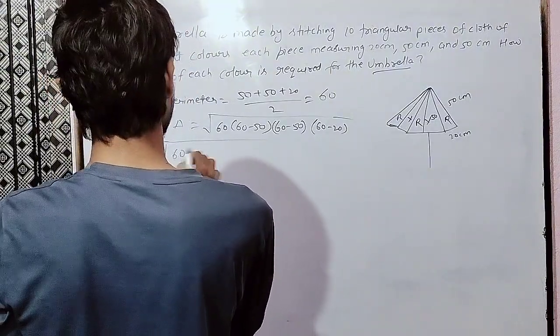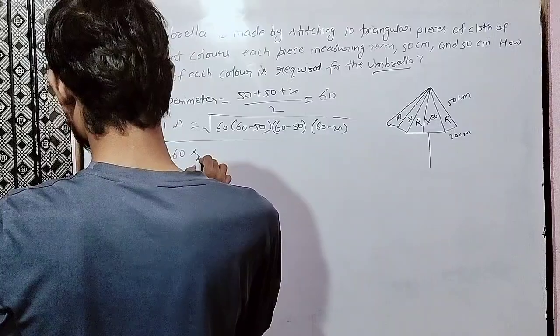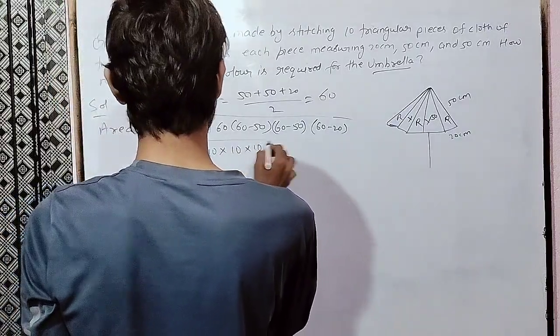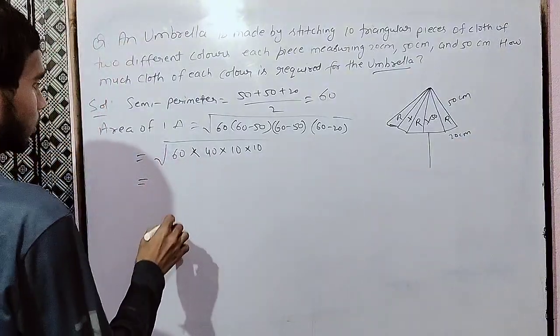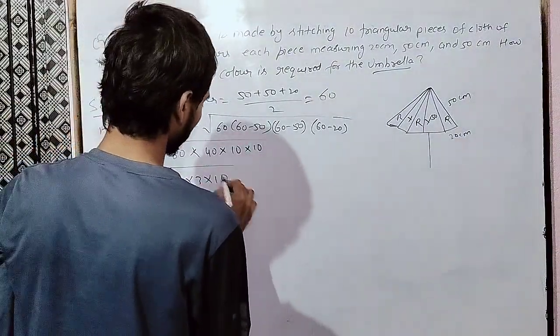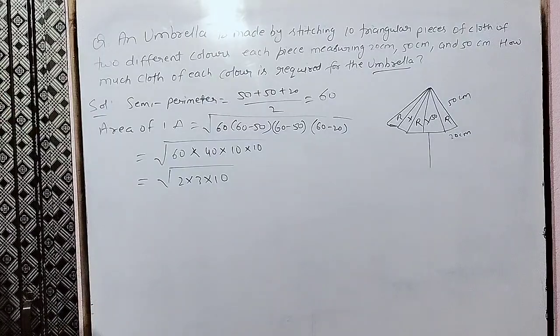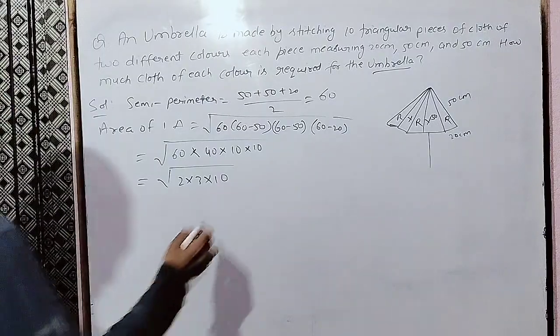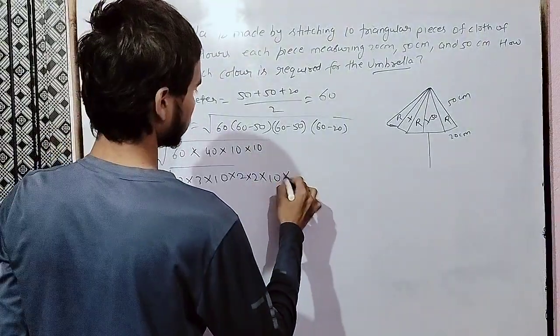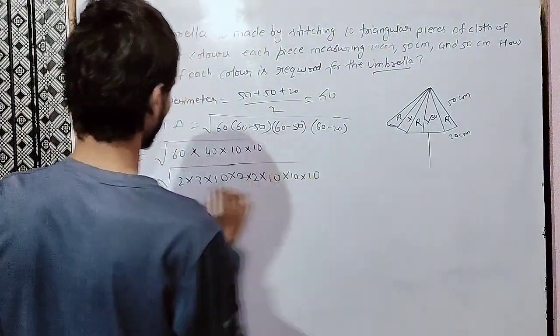60 as it is, 40 multiplied by 10 multiplied by 10. From here, what did I do? 2 multiplied by 3 multiplied by 10. 3 to the 6. What else? 2 multiplied by 2 multiplied by 10. 2 to the 4. And 10 as it is. Clear?